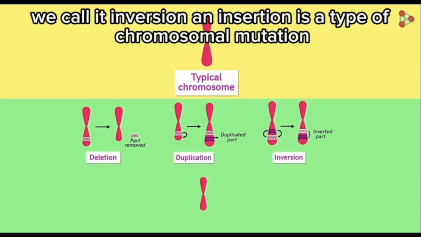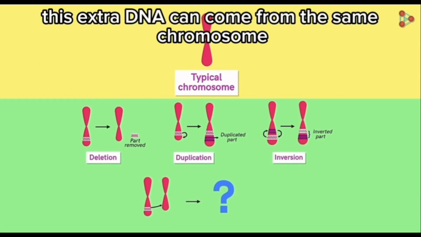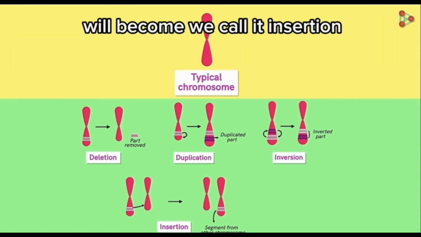An insertion is a type of chromosomal mutation where a segment of DNA is added into a chromosome. This extra DNA can come from the same chromosome, a different chromosome, or be duplicated from existing genes. We call it insertion.